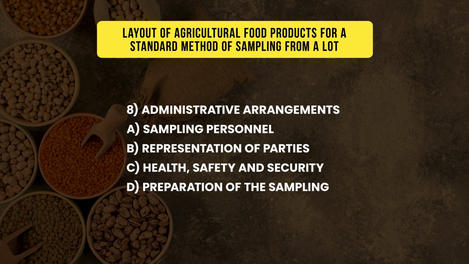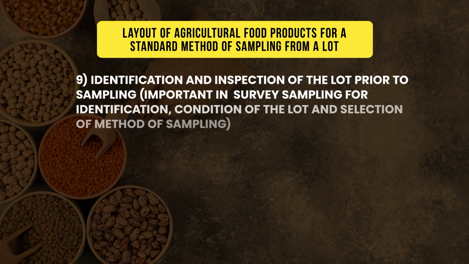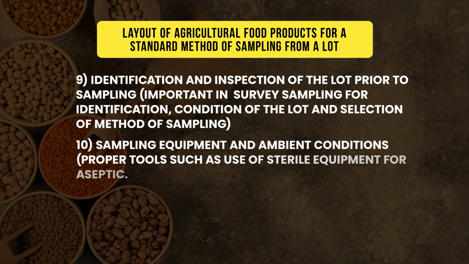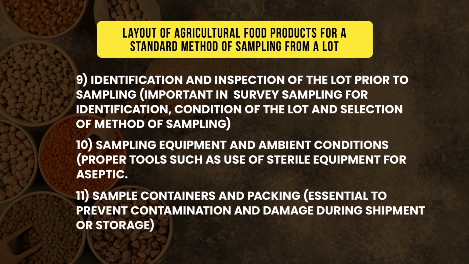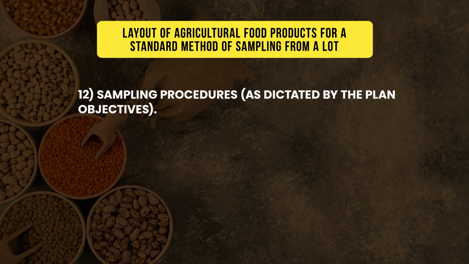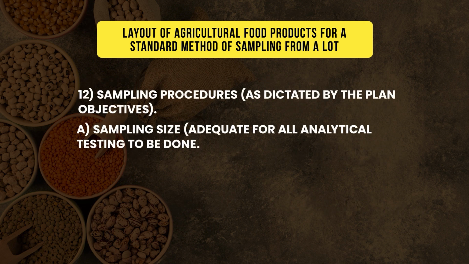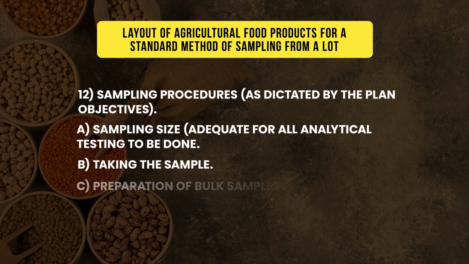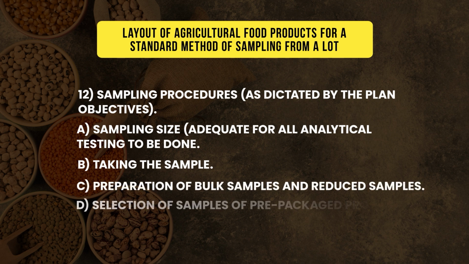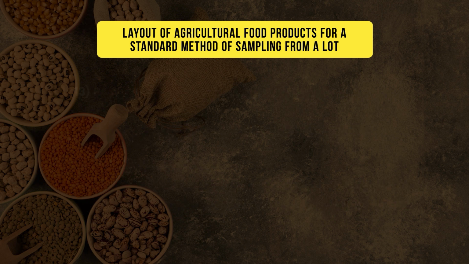Health, safety and security precautions. Preparation of the sampling report. Identification and inspection of the lot prior to sampling. Sampling equipment and ambient condition. Sample containers, sampling procedure, sampling size, taking the sample, preparation of bulk samples, selection of samples, pre-packaged products, all that has to be the part of the layout.